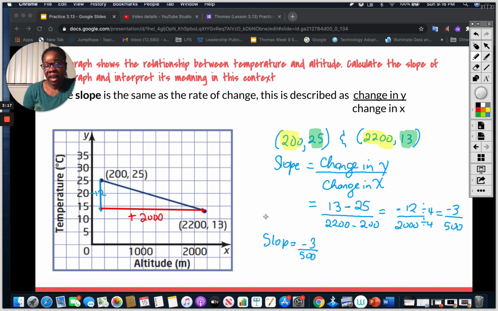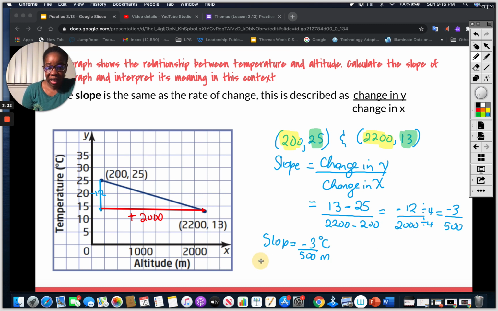My y value was temperature in degrees Celsius, so I know that is degrees Celsius. And my x value was altitude in meters. So what does this mean?